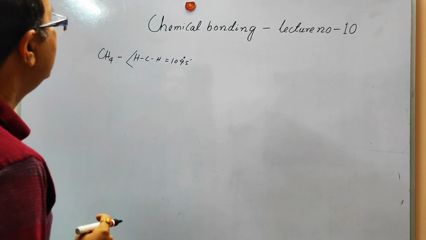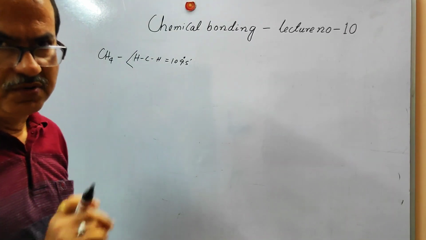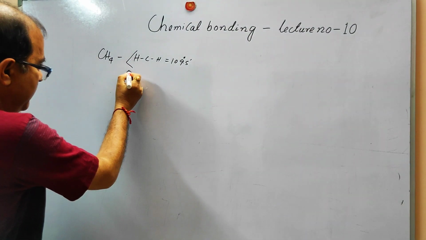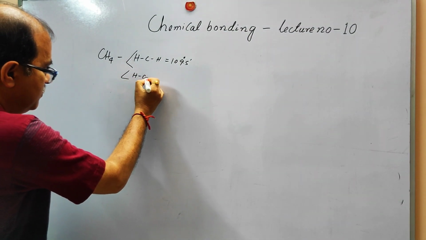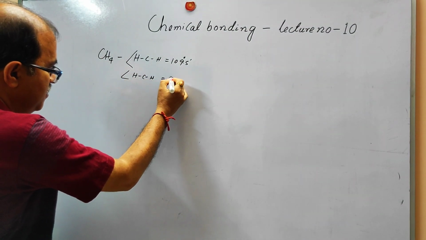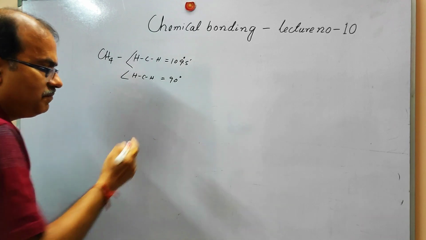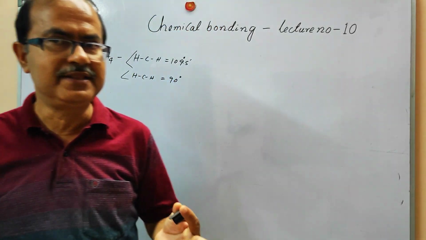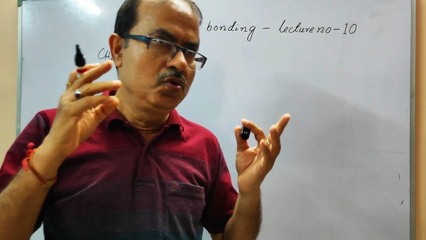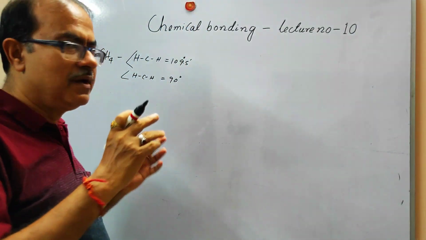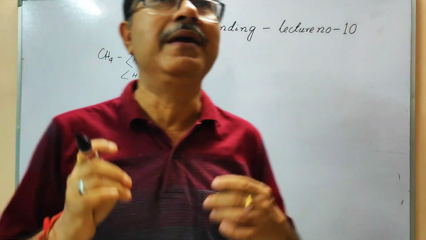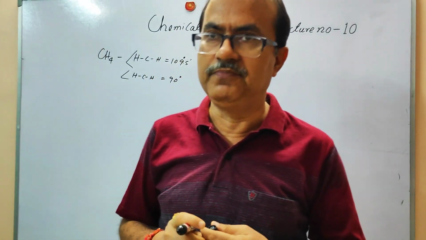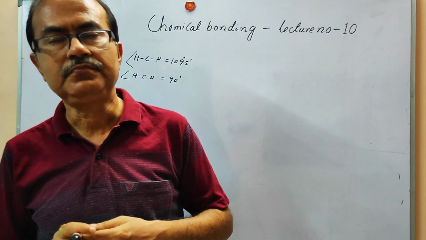But if we go by simple orbital overlapping, it comes around 90 degrees. Even with the overlapping between s orbitals, you cannot predict the bond angle. So from the simple overlapping technique, we cannot predict the shape of the polyatomic molecule.